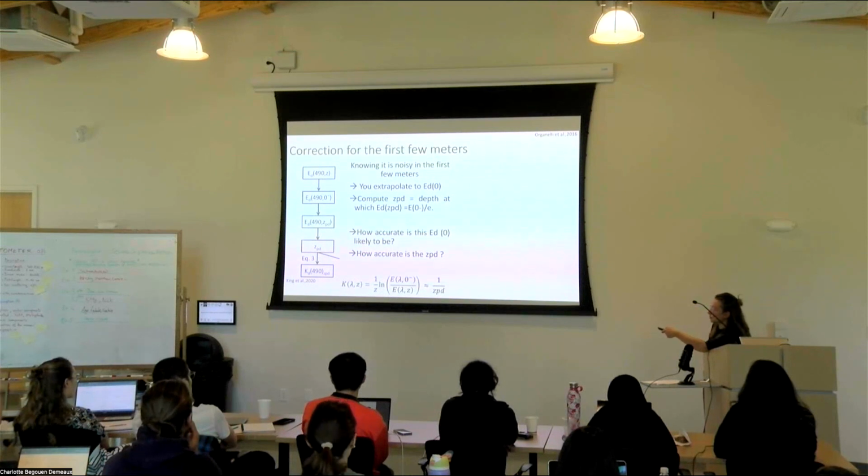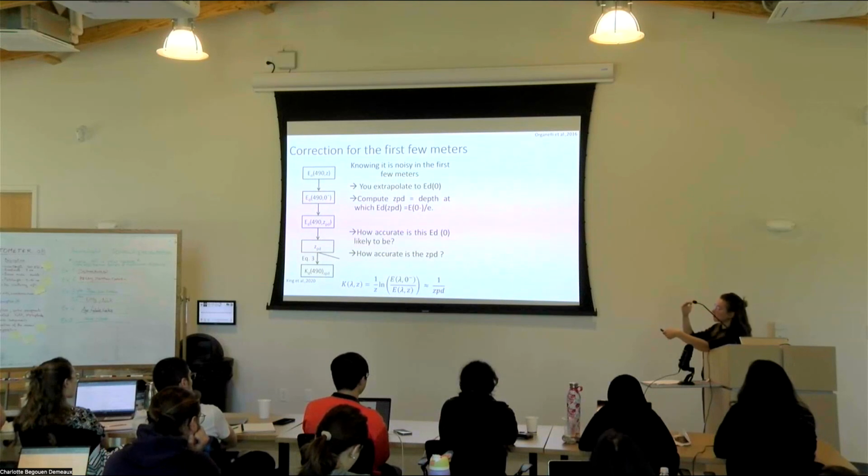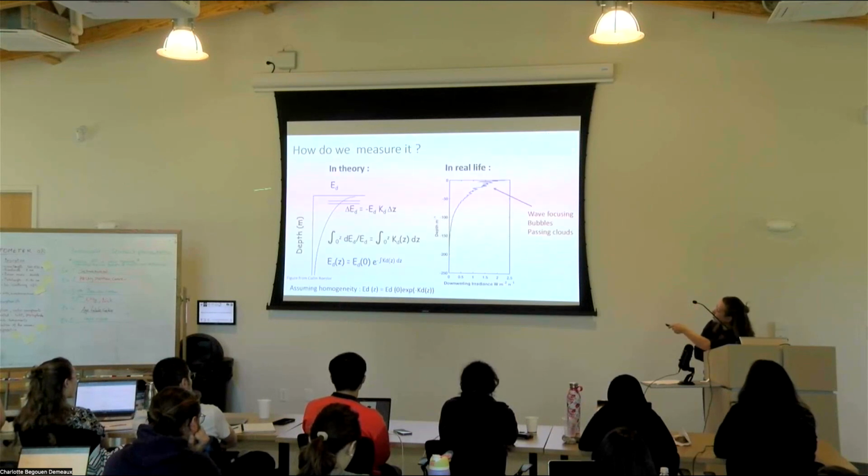Most instruments do not measure right below the surface because there's a tendency of getting out of the water. It's actually quite a difficult measurement to do. So you tend to extrapolate to right below the surface, and you can do this by doing a linear fit to the log of this data. It'll be straight.